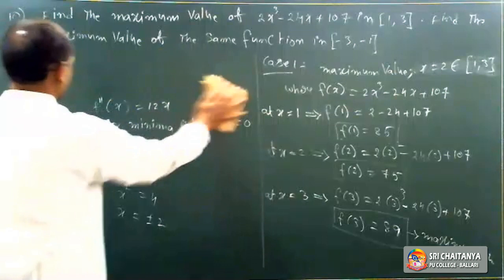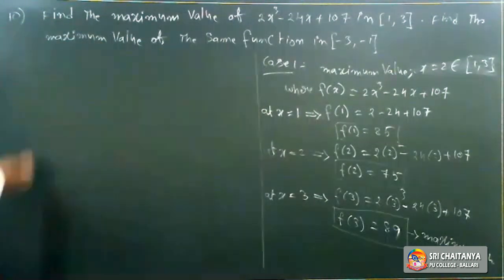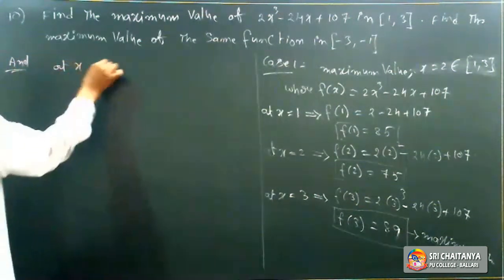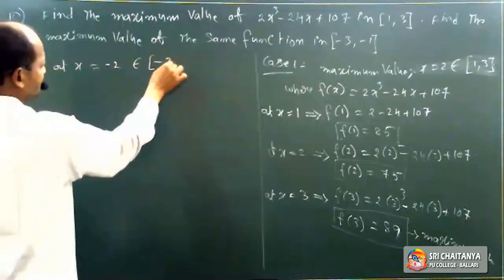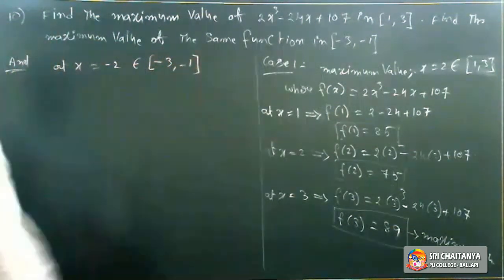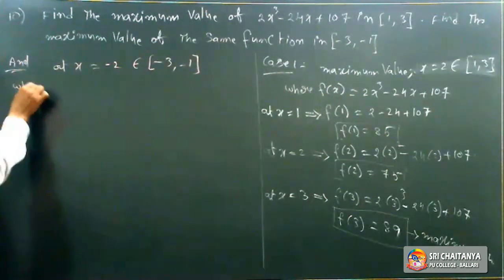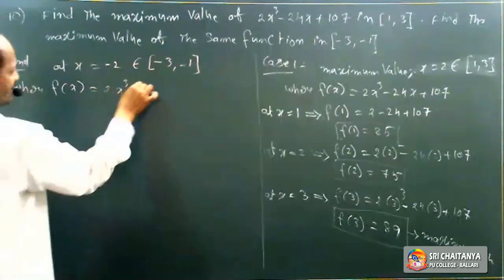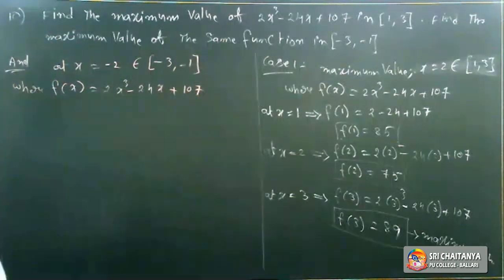Continuation. Second case. At x = -2, it is in between -3 and -1, where f(x) = 2x^3 - 24x + 107.